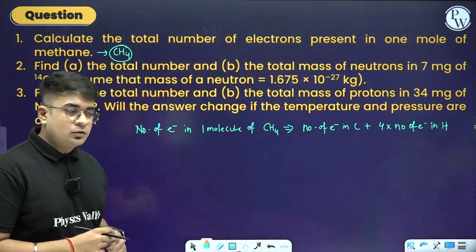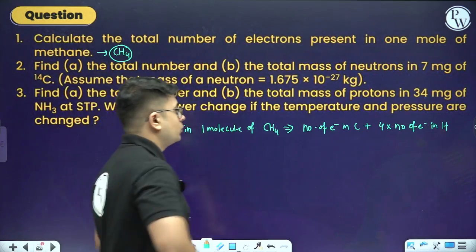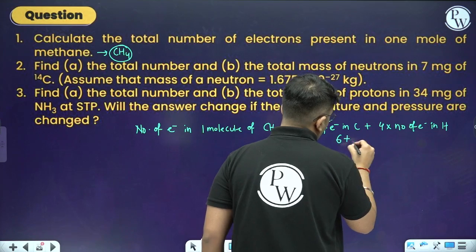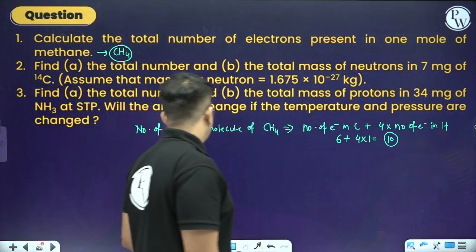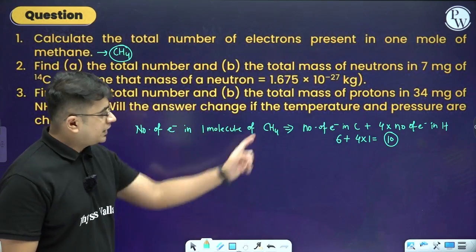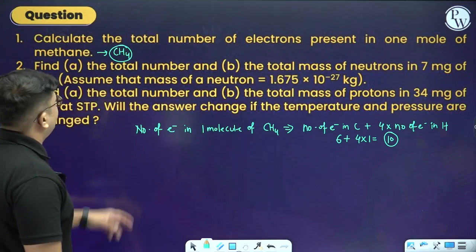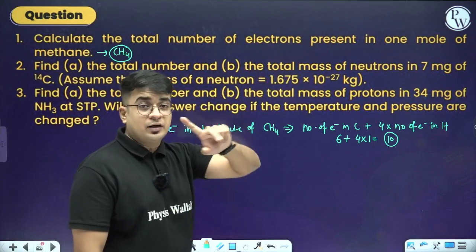In carbon you can find 6 electrons, plus 4 multiplied by 1, so that will be 10. So in 1 molecule of CH4 you have 10 electrons in total. Okay, and now calculate the total number of electrons present in 1 mole.